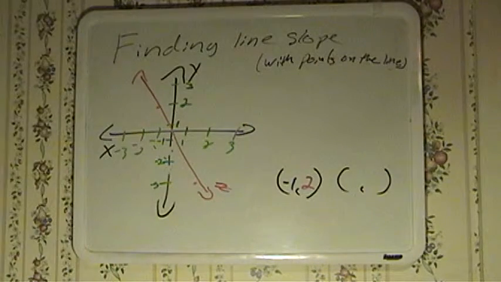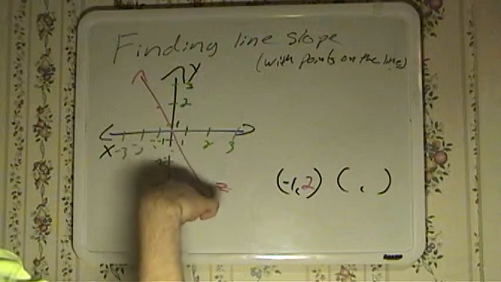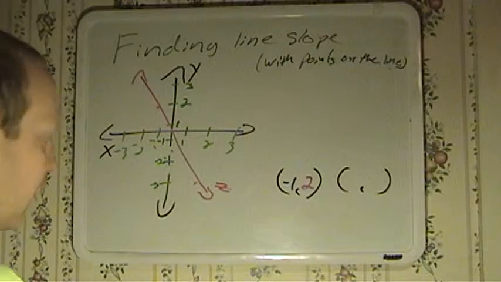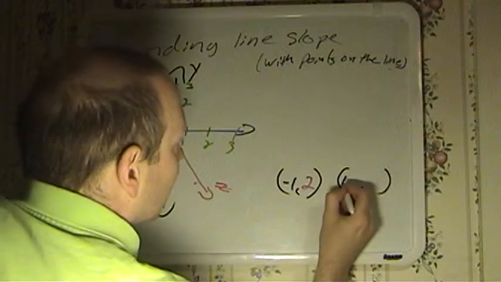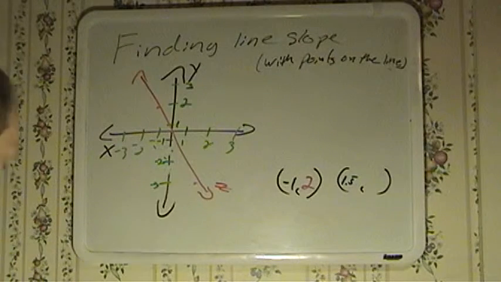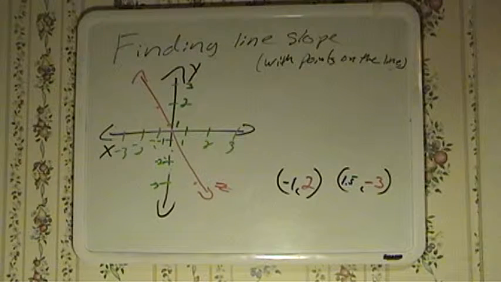Our other point, if we look here, we come over from the x-axis first, and it's going to be about 1.5, and -3. Again, since it's kind of rough and not to scale.